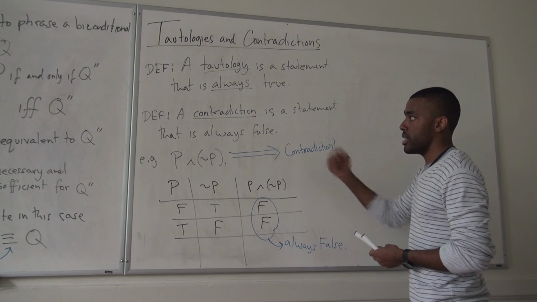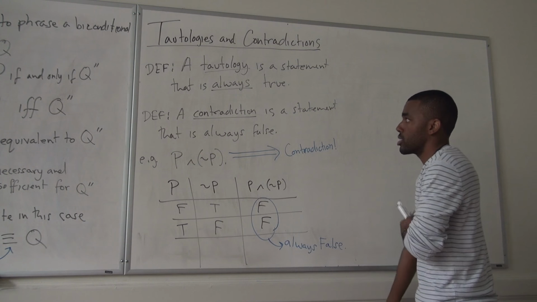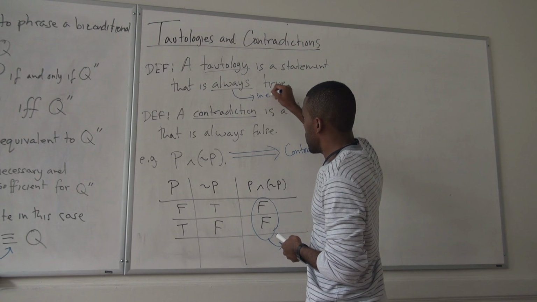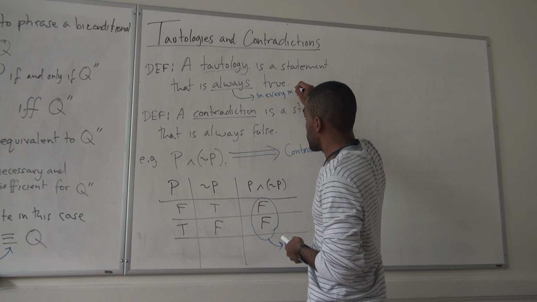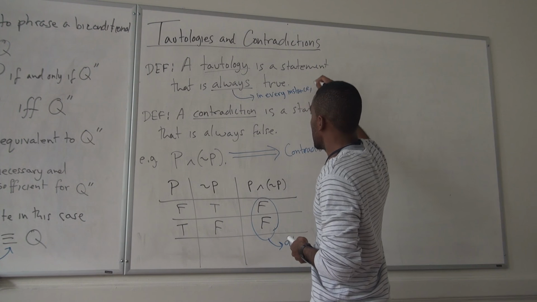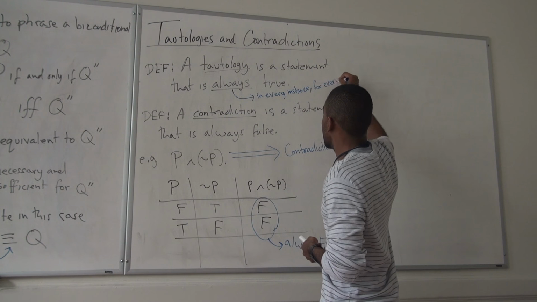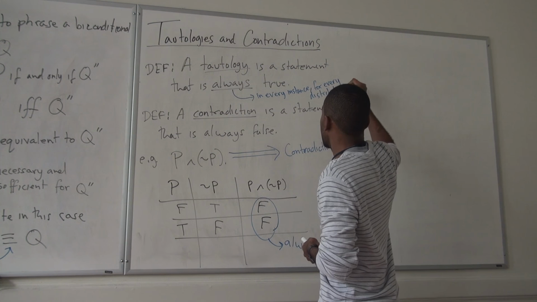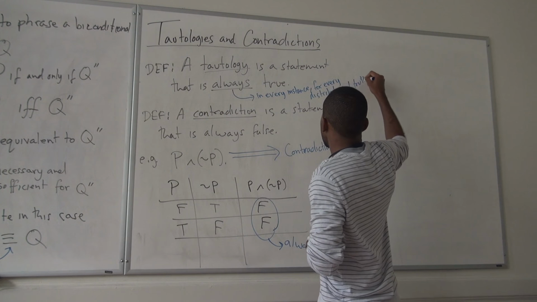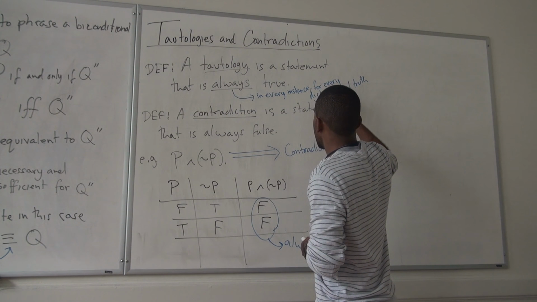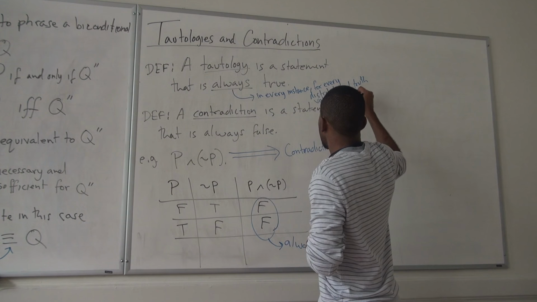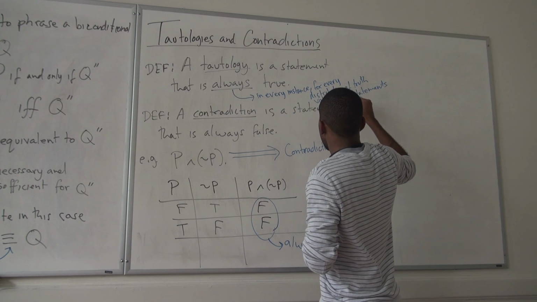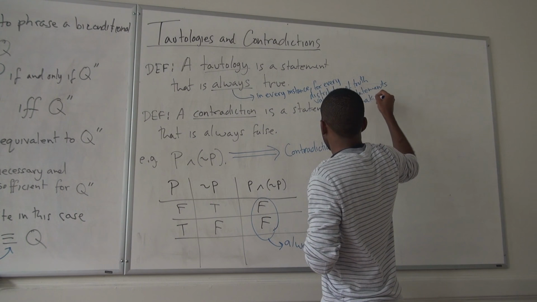It's false in every instance, right? Always false. You call it a contradiction. By always, I mean in every instance, for every distribution of truth values of the statements that make it up.